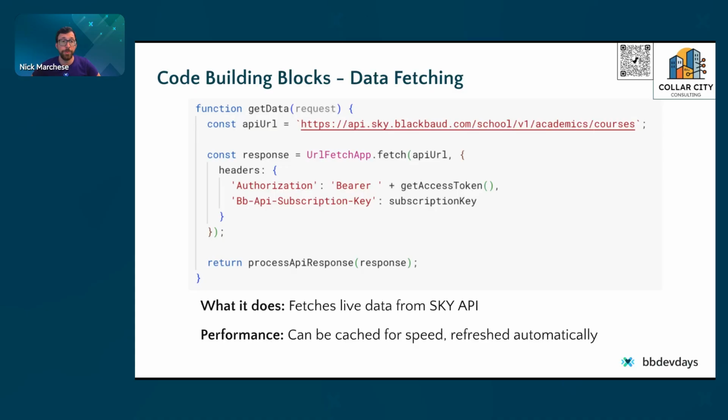So to quickly go through this, we have a request that we pass through, which is basically the Looker Studio report just running. We have an API URL, which is the endpoint. In this example, it's courses, saying I want to hit the school endpoint and look for courses. And then store in a response variable using the URL fetch app that's built into Google Apps Script to fetch or call that API endpoint, pass it my access token, which I've gotten because I've done all the other steps, and my subscription key, which I've stored somewhere, which is from your Blackbaud developer page.